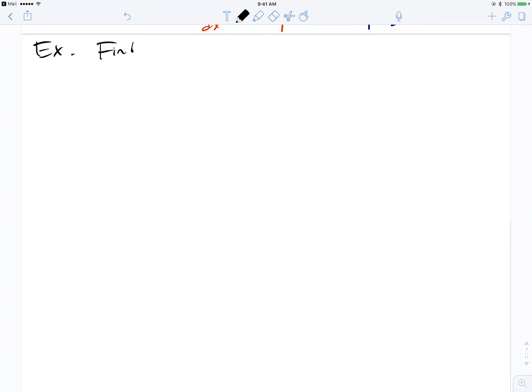Okay, so let's find dy over dx for 3x squared plus 2y cubed equals 2 minus 4y plus 1.